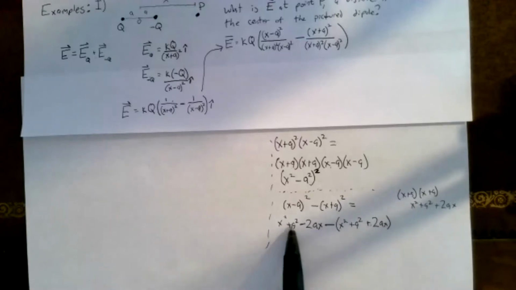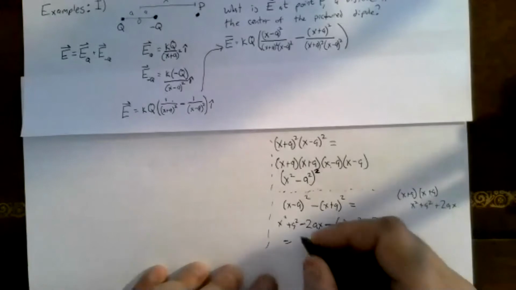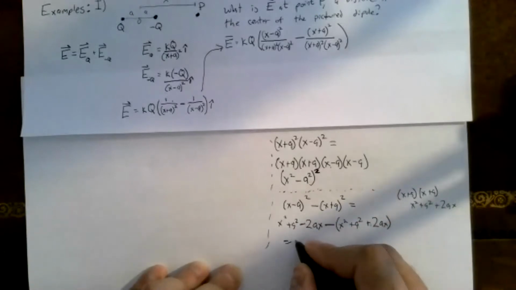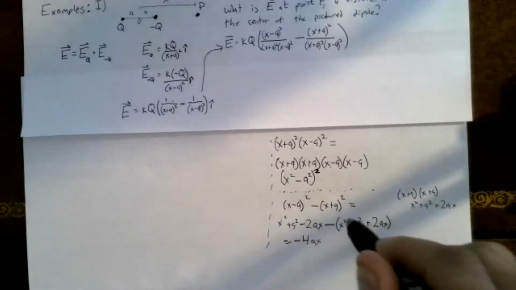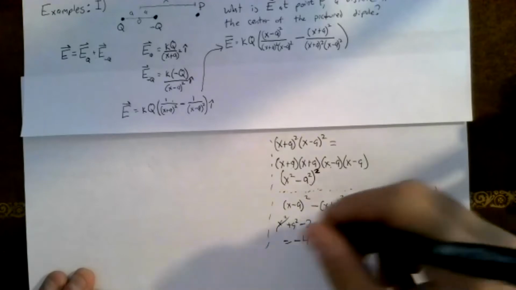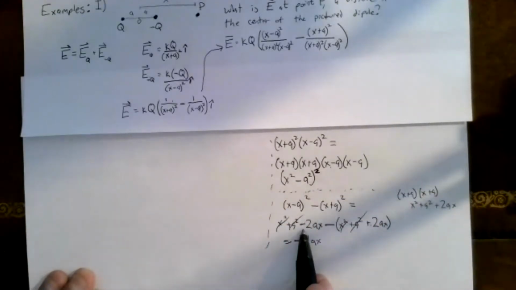That's how I got this. And then that works out to be negative 4ax, because x² minus x² cancels, a² minus a² cancels, and then we have negative 2ax minus another 2ax, which is negative 4ax.